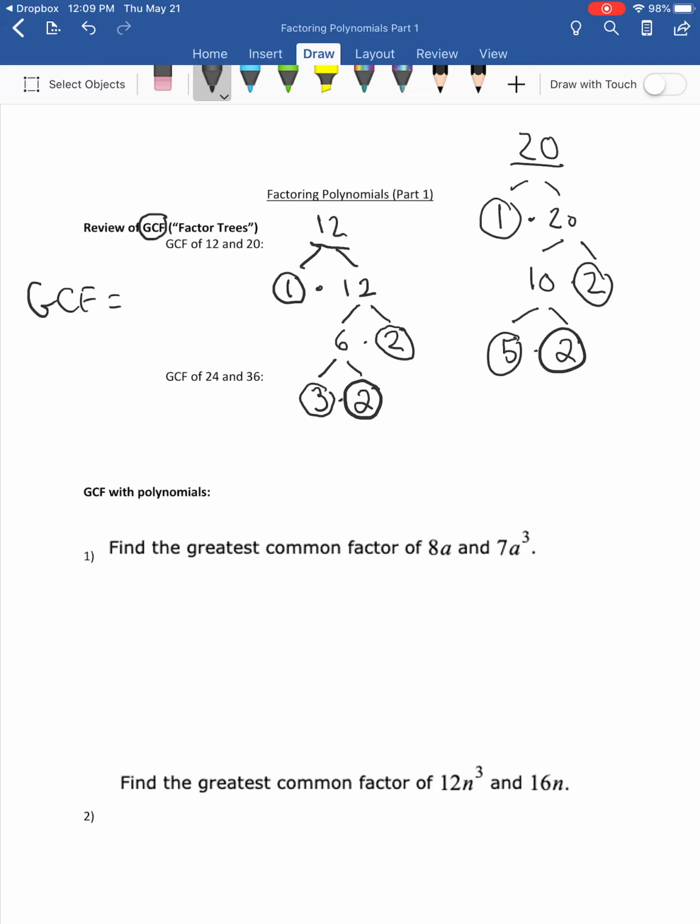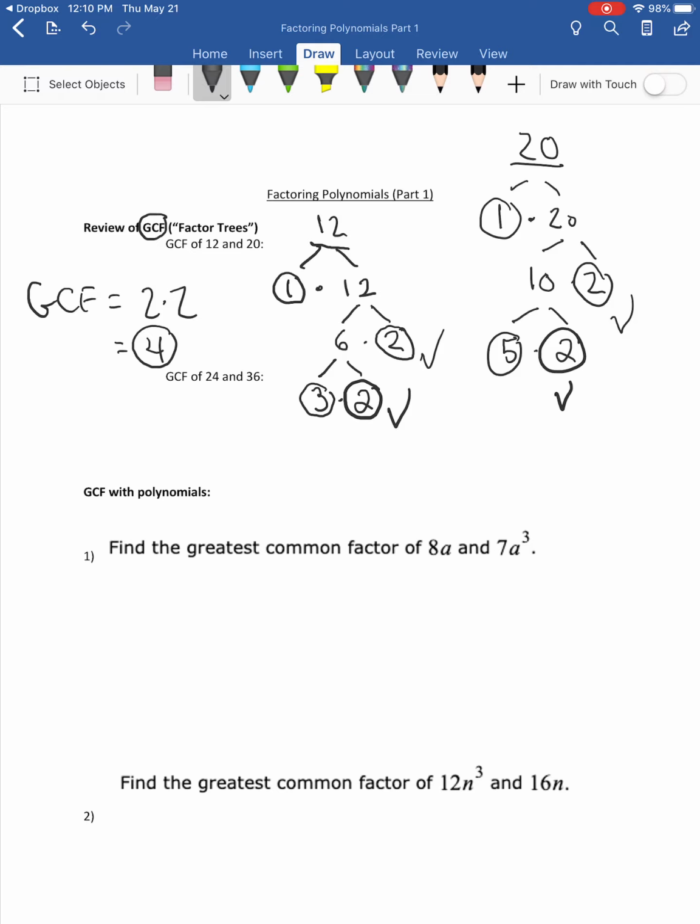What they have in common is 2, 2. So the GCF is 2 times 2, which is 4. Okay, so the greatest common factor that's common to both 12 and 20 is 4. Notice we can make 12 from 4 times 3, and we can make 20 from 4 times 5. So the greatest factor that they have in common is that 4.